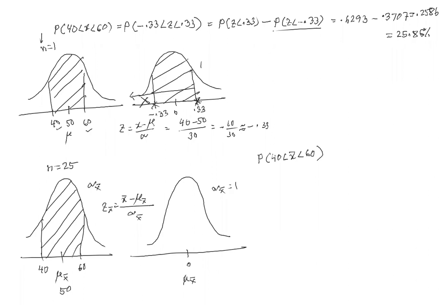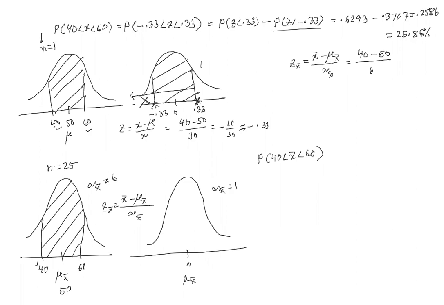Now what does 40 translate to here? So let's go ahead and do z sub x bar equal to x bar minus mu sub x bar over sigma sub x bar. So x bar is the point in question, which is 40. 40 minus mu sub x bar, which is 50, divided by sigma sub x bar, which is 6. Remember, sigma sub x bar, we found to be 6.